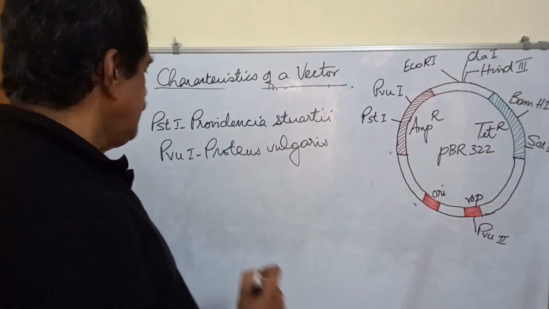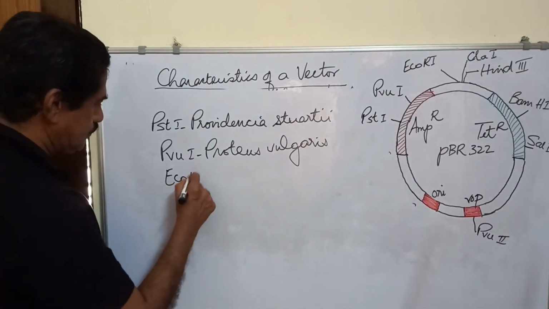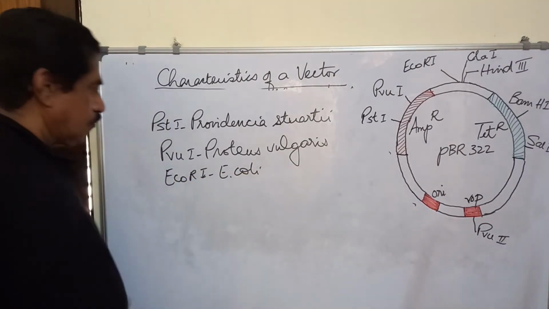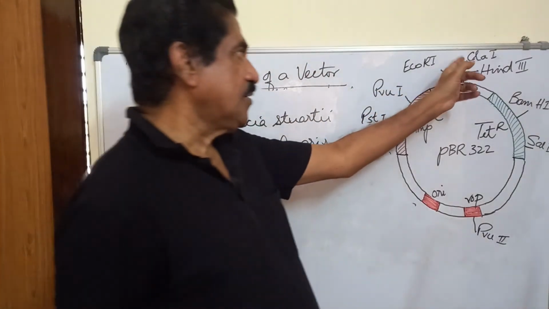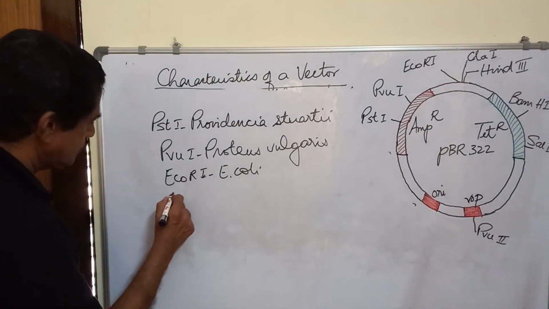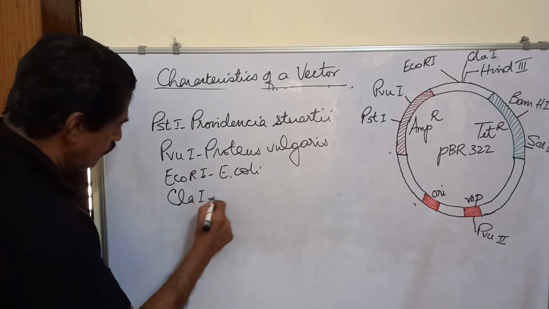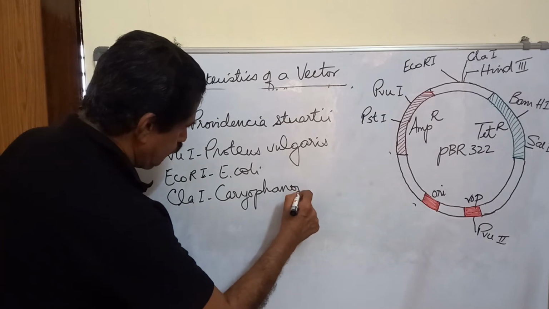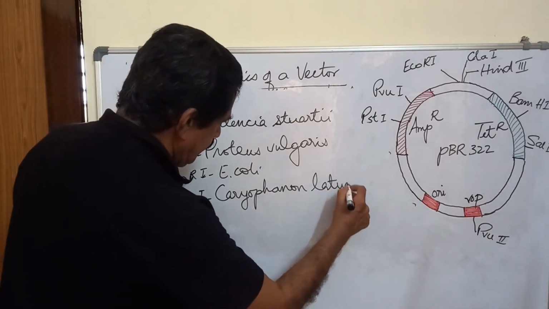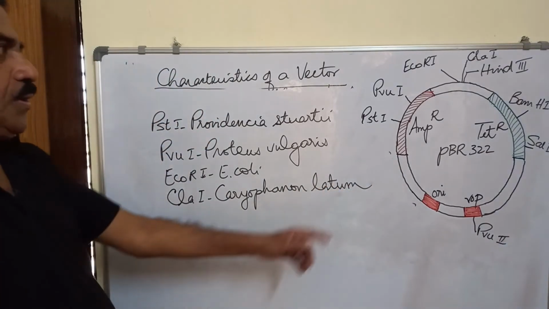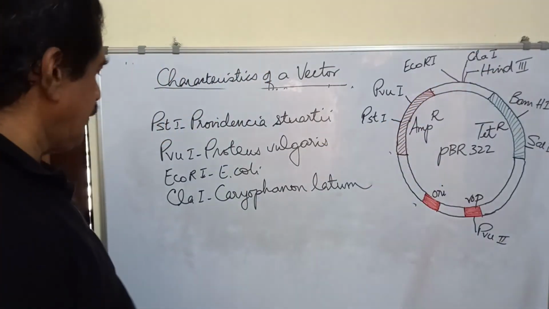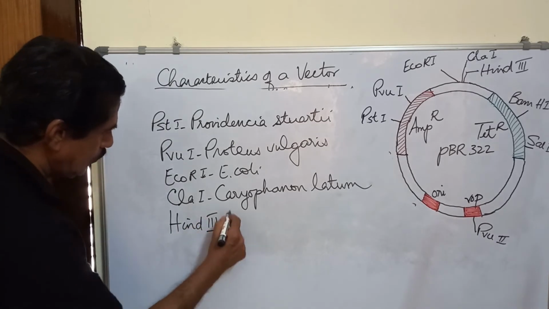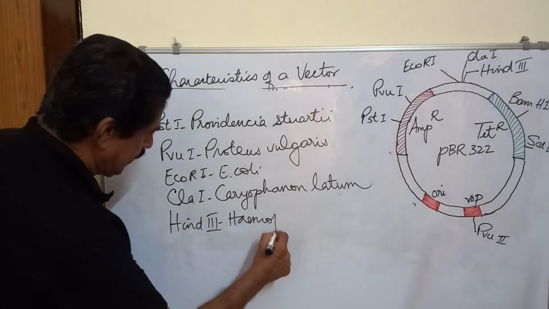EcoRI is obtained from E. coli. ClaI is obtained from Caryophanon latum. HindIII is obtained from Haemophilus influenzae.